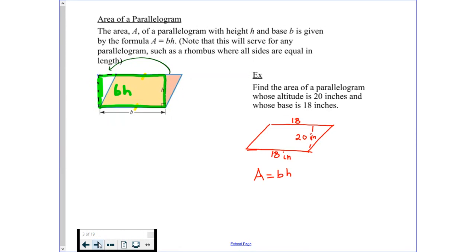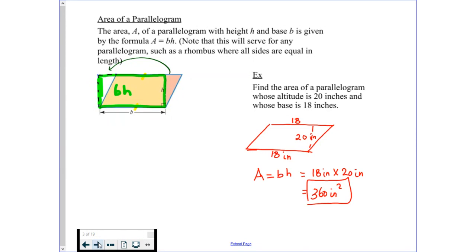So this is equal to 18 inches times 20 inches, which is 360 inches square. Okay, so for a parallelogram, if you know the altitude and the base, just multiply the two, it will give you the area. Simple as that.